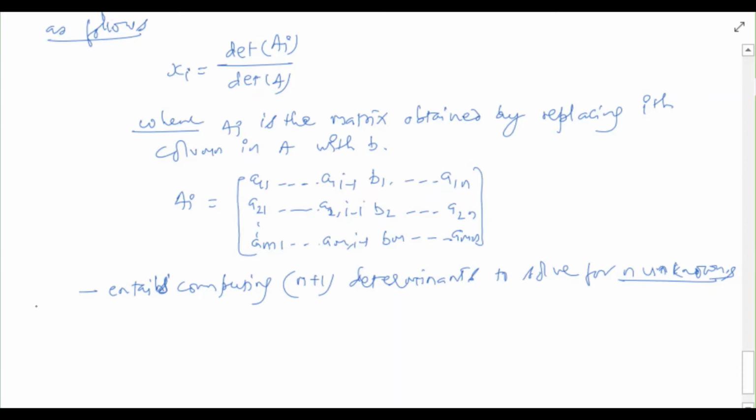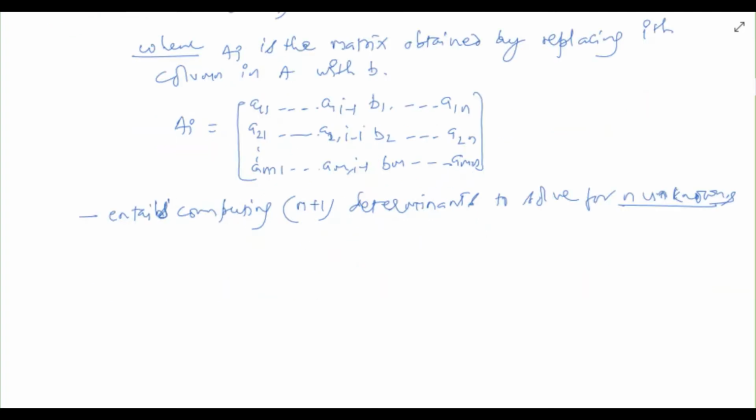Next, we will see a method that tells us whether a system of equations has no solution, has a unique solution, or has infinitely many solutions, and in the latter cases it also provides us all the solutions to the equations. We will now see the notion of matrices in row echelon form, or simply row echelon matrices.